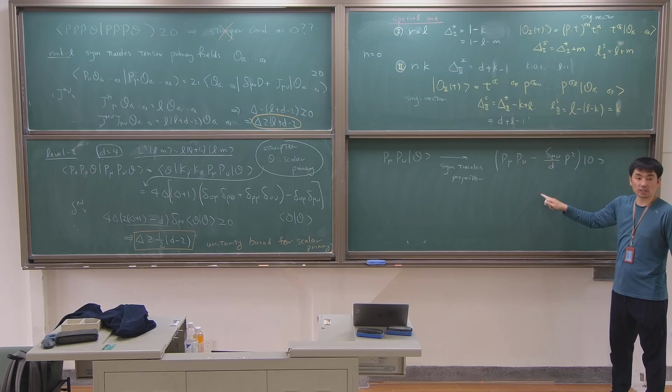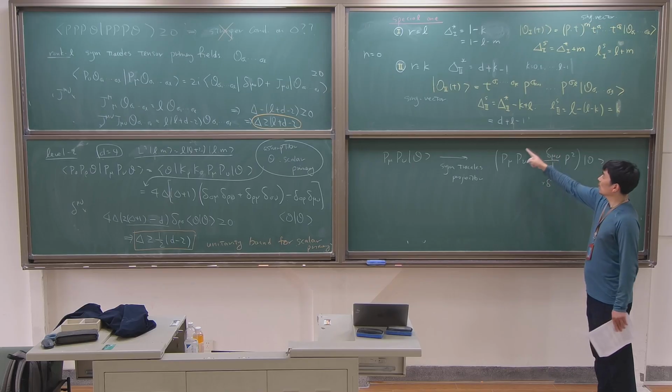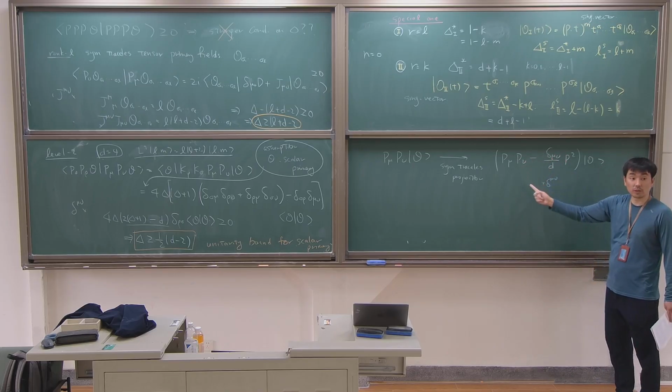So the output is traceless. If you contract with the delta mu nu, this will give you 0.